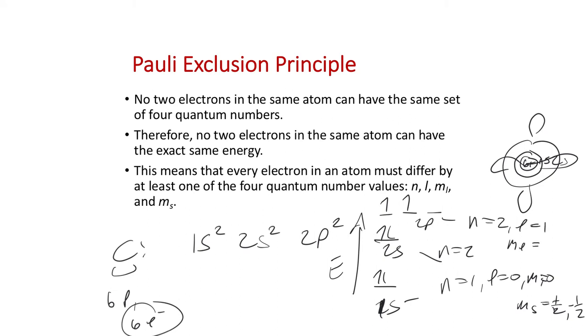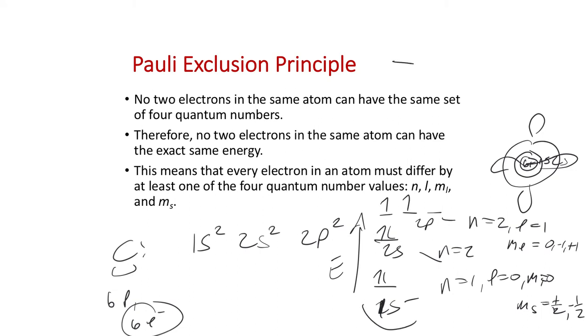And then they'd have m sub L's of either 0, minus 1, or plus 1. We wouldn't be able to predict which one, if one of them is 0 or plus 1, or if it's plus 1 and minus 1, just that they are 2 of those 3 possible quantum numbers, and that they're either both plus 1/2 spins or both minus 1/2 spins. Their spins are the same as each other, but whatever the sign is, we can't tell. But we can start to piece together some information about these quantum numbers to make sure that they're different from each other in this atom.